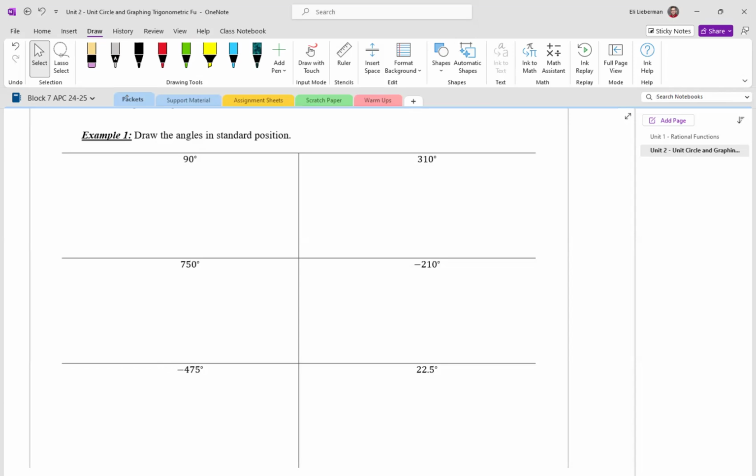All of these are going to be in standard position, which means every angle has two parts. One of the rays is called the initial side and the other side is called the terminal side. The initial side, when it's in standard position, always points in this direction, the positive x-axis.